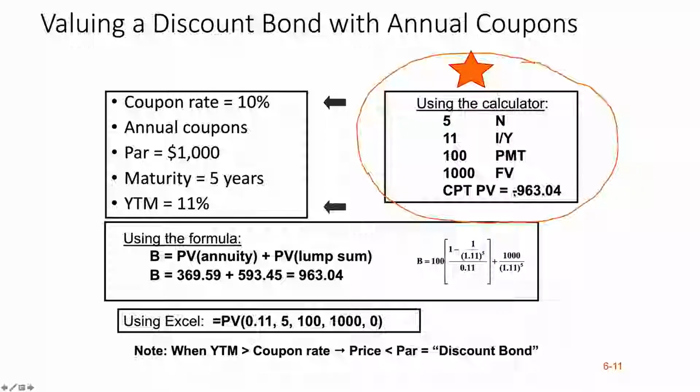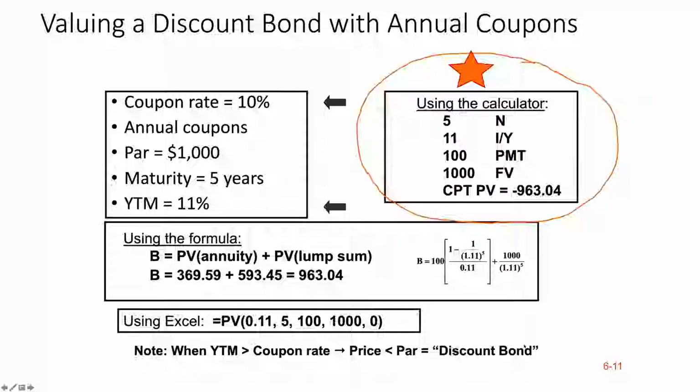It's just the opposite sign, as we already learned. Now, the face value of this bond is $1,000, but the bond price is less than $1,000. It's $963. Now, this is what we call a discount bond.